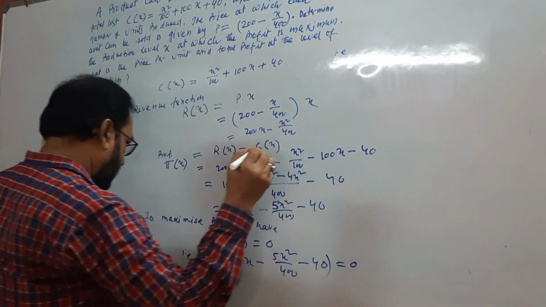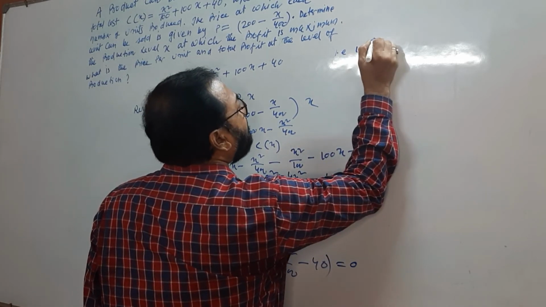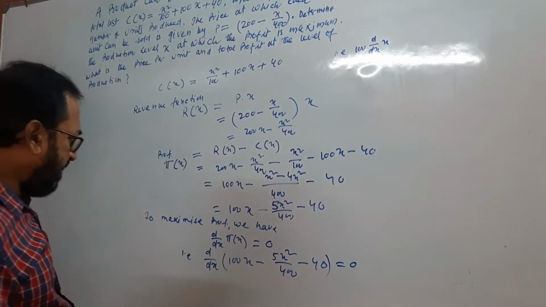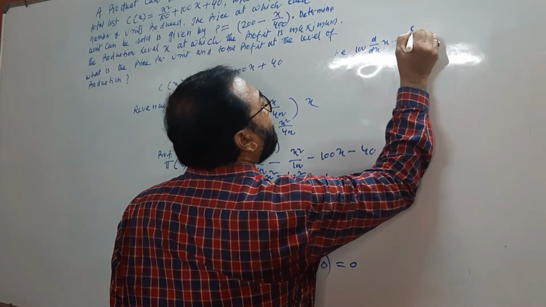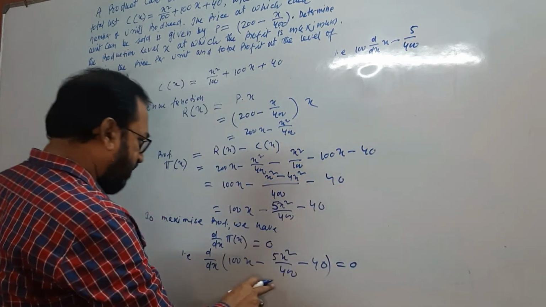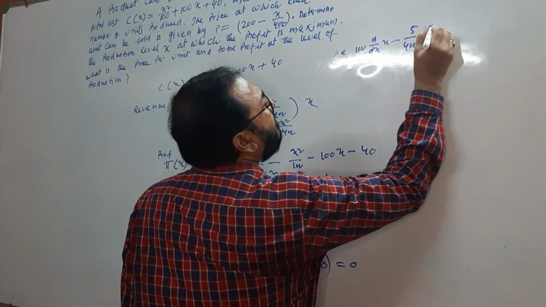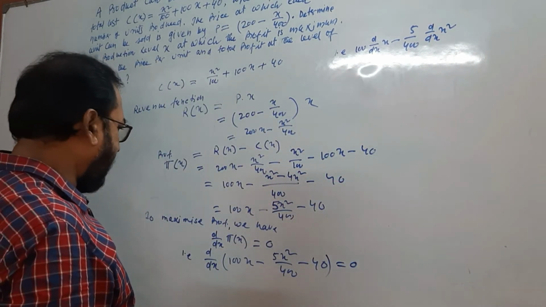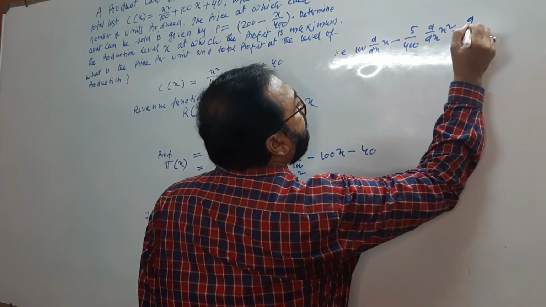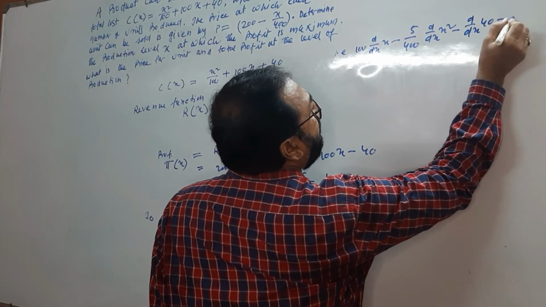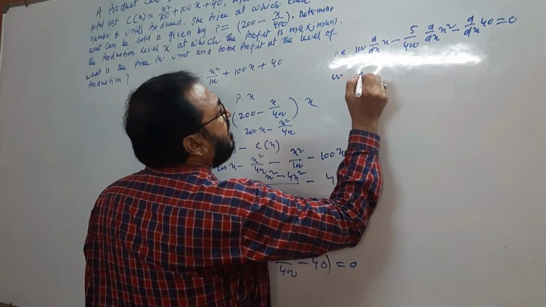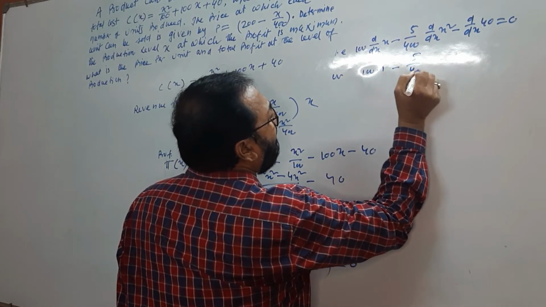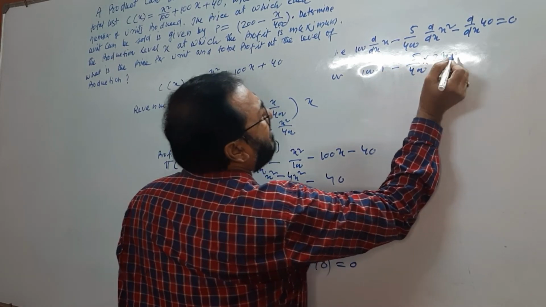That is 100 d/dx of x minus 5 by 400 d/dx of x squared minus d/dx of 40 equal to 0, or 100 into 1 minus 5 by 400 into 2x.